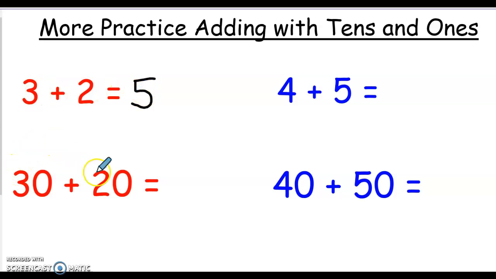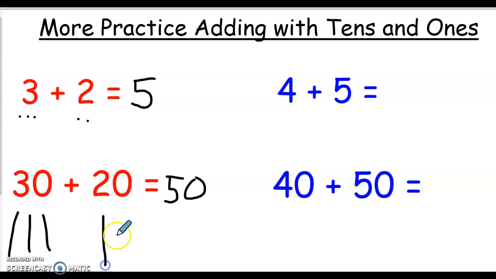You know that 3 plus 2 is 5. So if we have 30 plus 20, we're going to still put that 5 on, and we're just going to put the 0 on. 50, right? If you have to draw it out, you can, and it will give you your answer.